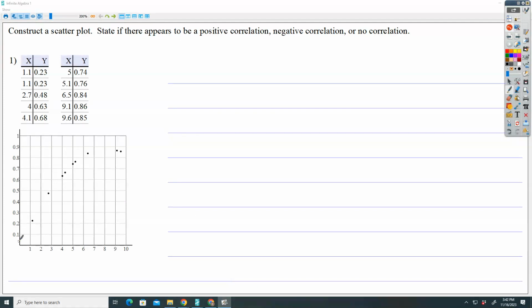Okay, so looking at your dots, they are increasing. So this would be a positive correlation. Okay, next one.